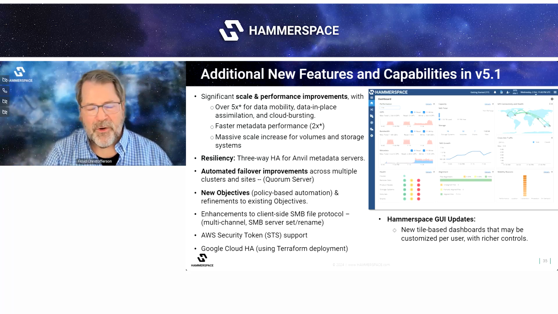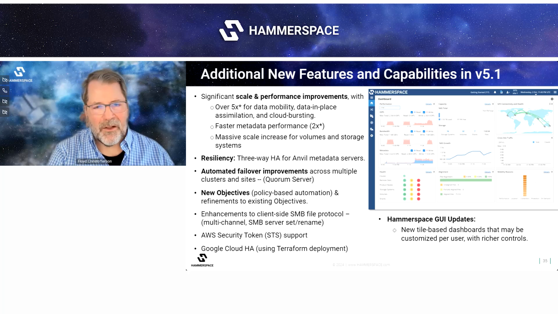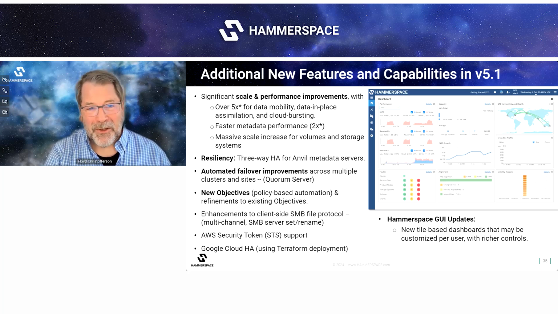So that increase in performance has a direct benefit for users that are doing anything with moving data. Metadata performance continues to increase, and then driven by our biggest customers, of course, we continually expand the max limits for volumes and storage systems, such that unless you're at the highest end of the scale, you may not even know or care that we can go that big.